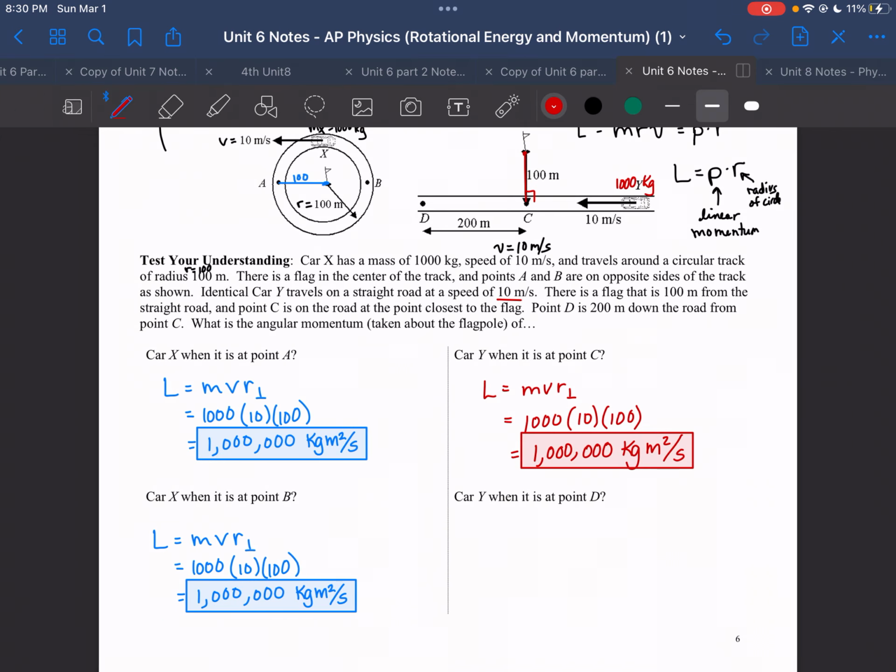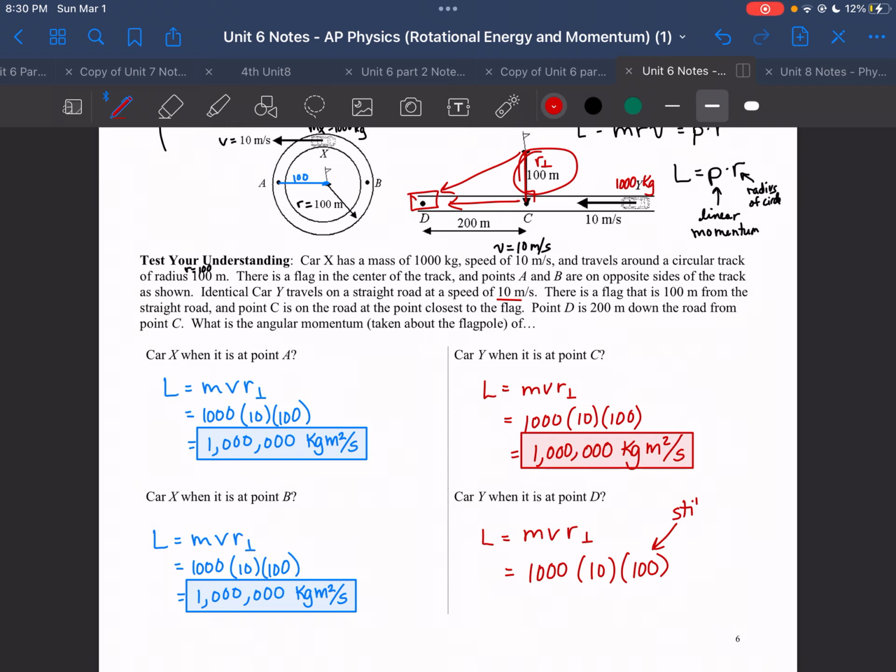All right, looking at point D, we still have mvr perpendicular. Now again, you can look at the velocity perpendicular or you can look at the radius perpendicular, but it's way easier to look at the radius because we know that the mass is 1,000. We know that the velocity is 10, and we know that no matter where you are, the perpendicular radius from wherever you are, even if you're all the way over here, the perpendicular radius is 100.